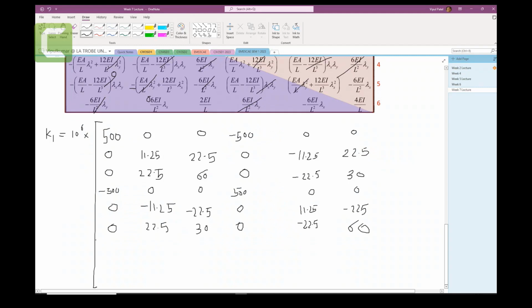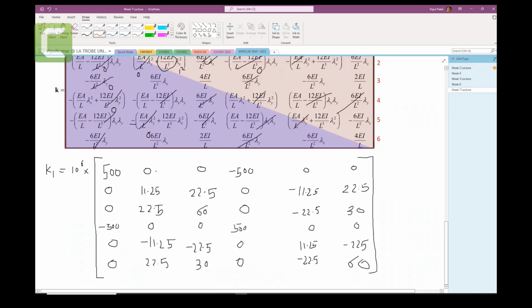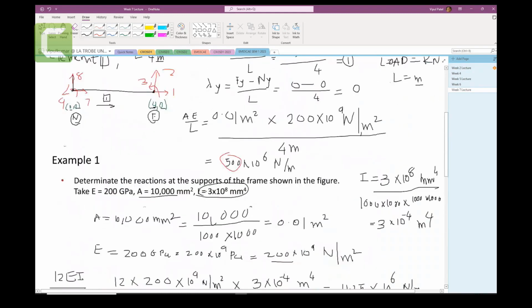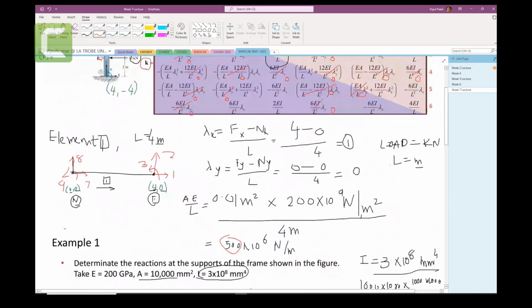All right, so that is all good so far. So that is the element number 1. Now the numbering. The first 3 columns go with the near node. You can come back here, that is the near node.